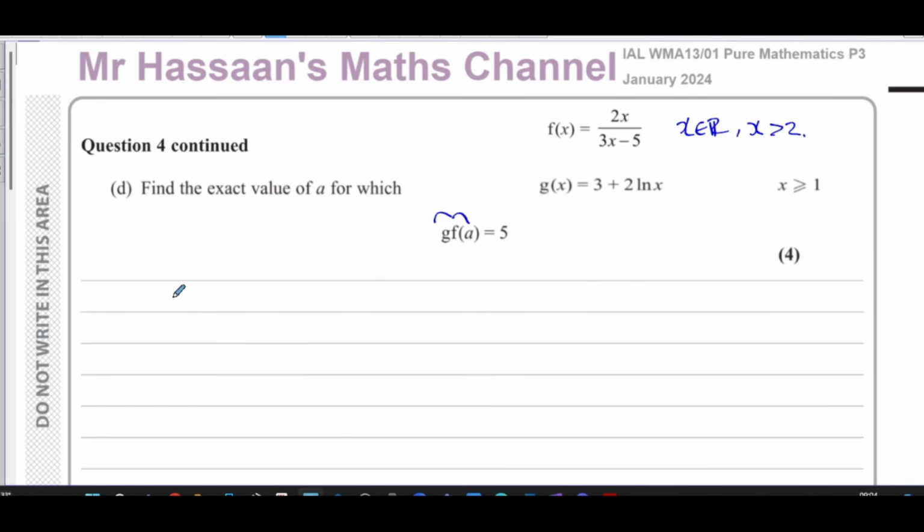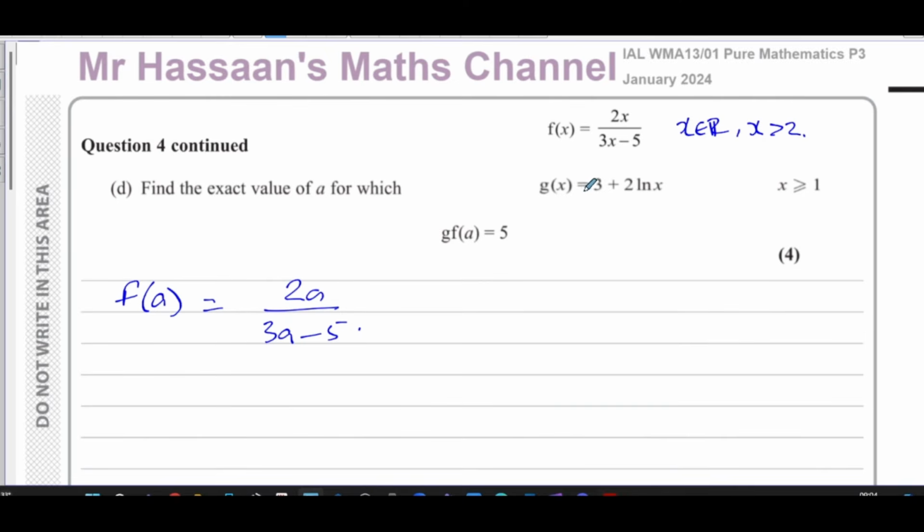We might end up with some values of a which can't go into f or can't go into g, so that we can't include them in our solutions. That's a possibility that could occur, so you have to watch out for that. So first of all, let's work out what the expression is for g of f of a. You want to put a into the function f first. So f of a means 2a over 3a minus 5.